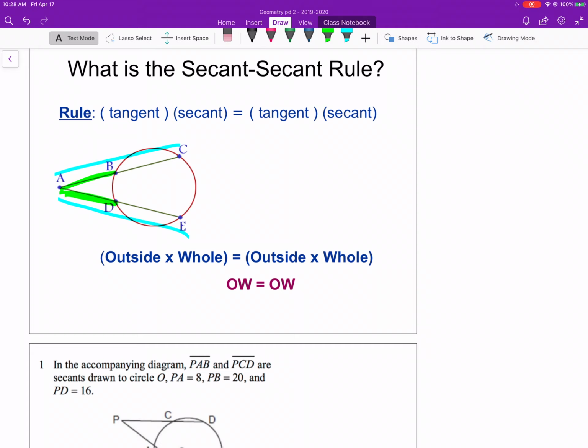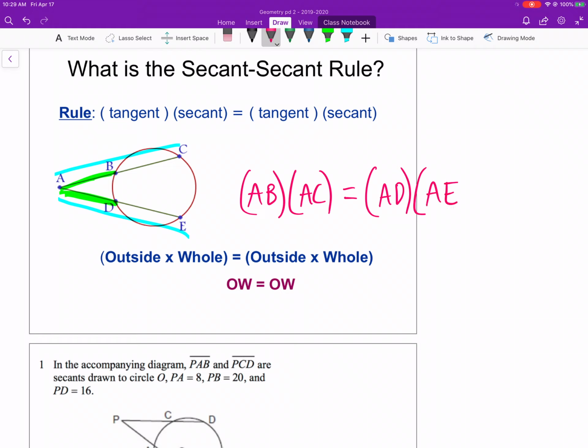The outside would be AB in this case, times the whole thing, which would be AC, is equal to the outside of the other piece, AD, times the whole segment, the whole secant, and that's AE. So that would be your equation, and then one of those is going to be your unknown. So OW equals OW. When do we use it? It's when we have a diagram like this where there's two secants drawn in.